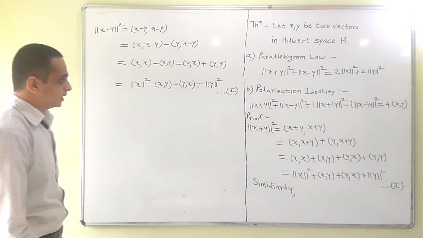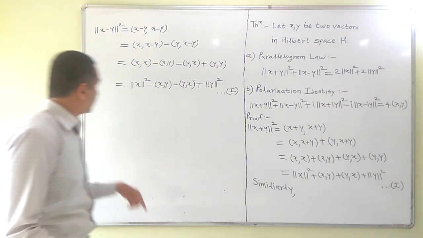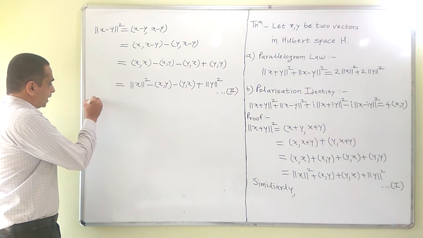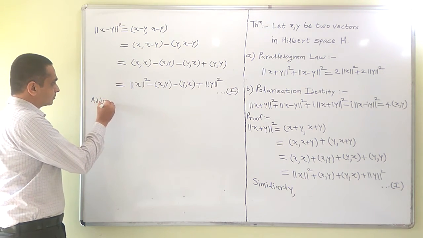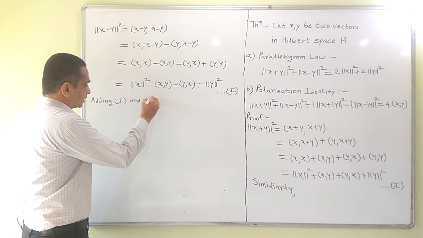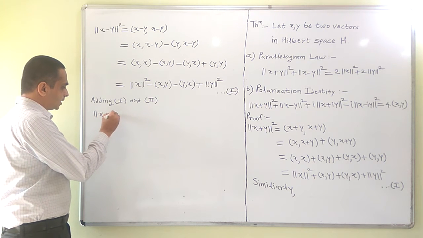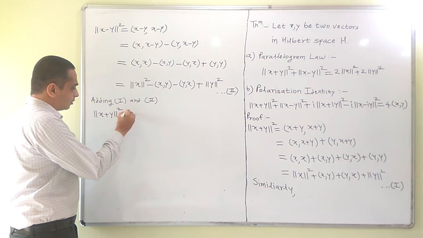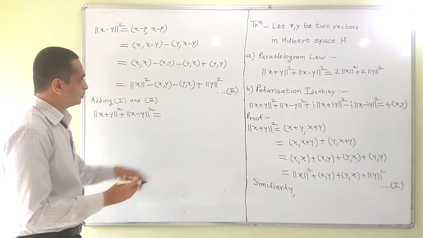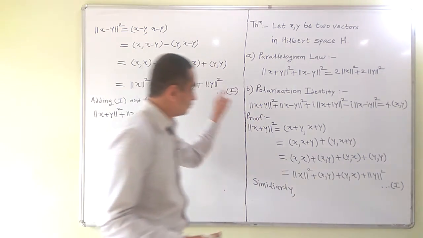Now adding first and second. In first we have norm of x plus y square equals this, and in second we have norm of x minus y square equals this. So adding first and second, it is easy to observe that we get the required result. Norm of x plus y square plus norm of x minus y square equals, these two terms get cancelled, and norm x square and norm y square get added.